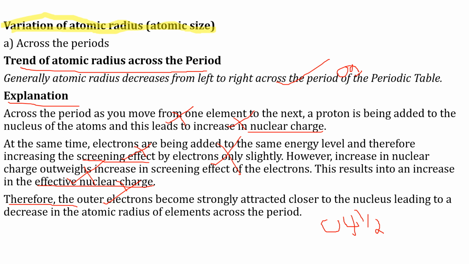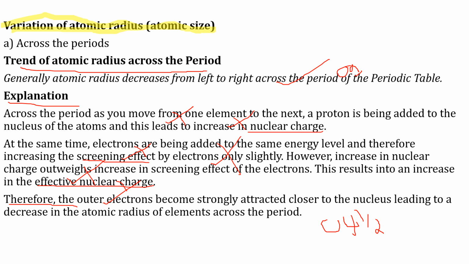Like as I told you earlier on, nuclear charge is equal to the positive charge on the nucleus of an atom, and protons are positive. So as you're adding protons across the period, you are increasing the positive charges in the nucleus of the atom, hence increasing the nuclear charge. That's why it's summarized as: a proton is being added to the nucleus of an atom from one element to another, so there will be an increase in nuclear charge.